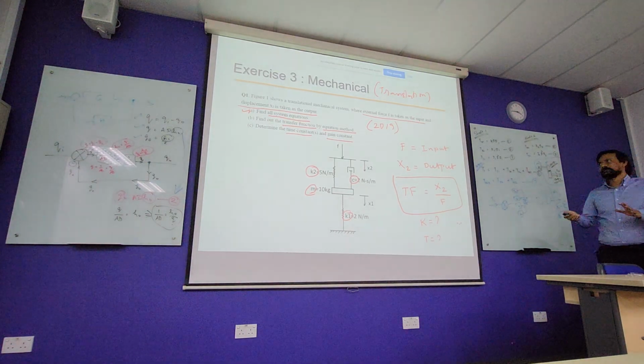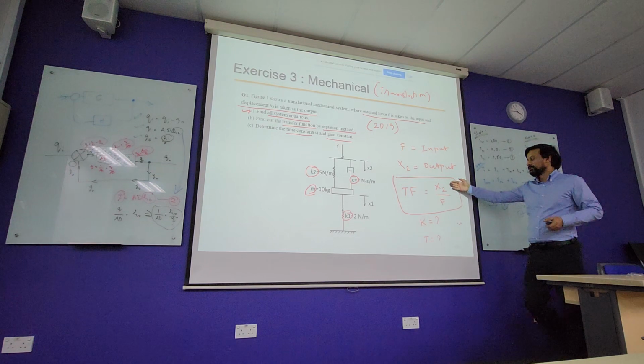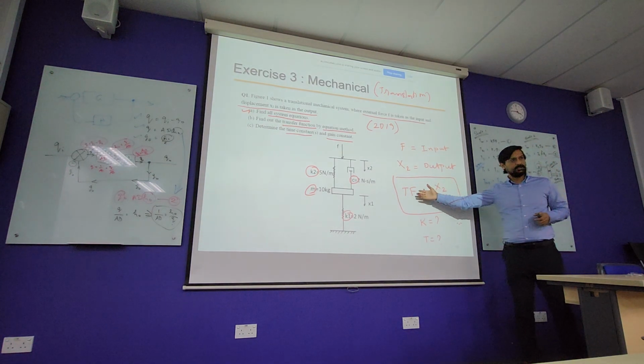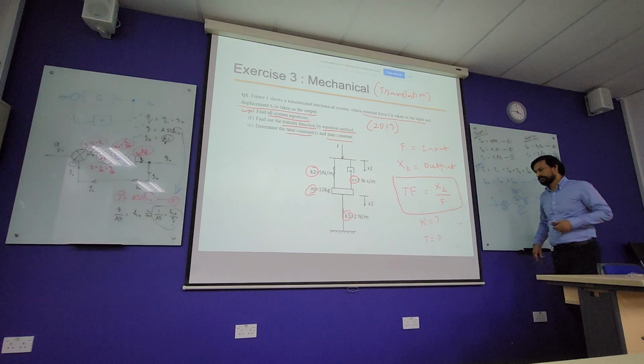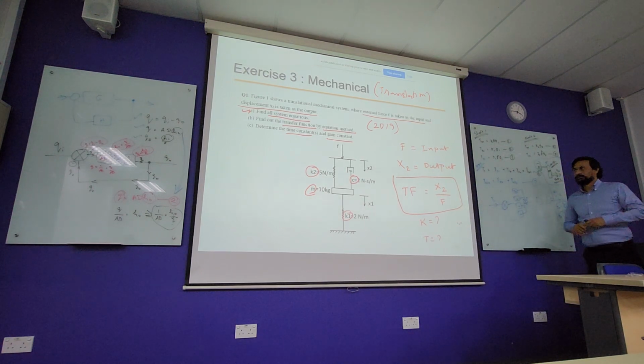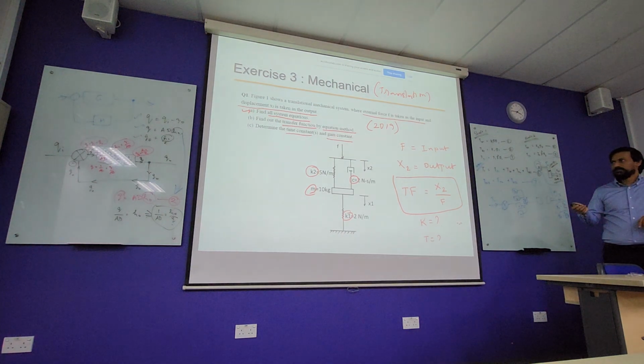So we need to read the question to understand what is input, what is output. Then we can get the transfer function. Output versus input is nothing but x2 divided by force. That you get the equation over here. Okay, so to find what is the time constant, what is the gain constant. So this is using the equation method because the question says transfer function using equation, not block diagram.